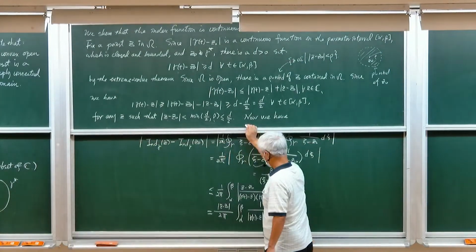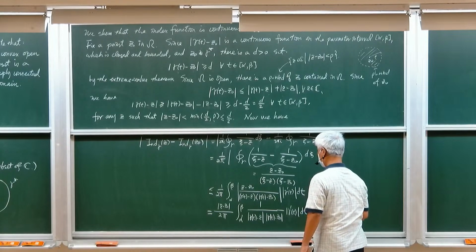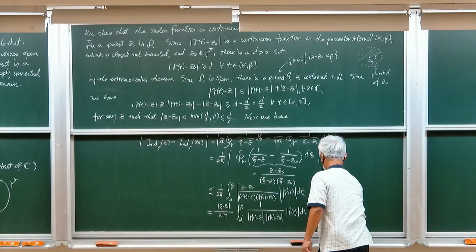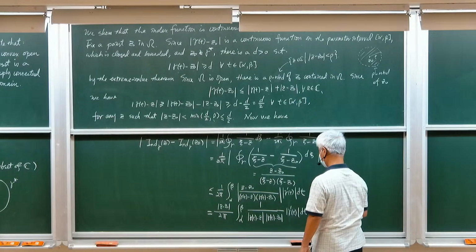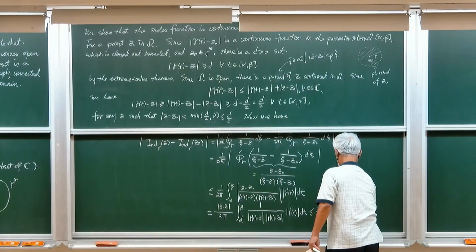So we have the upper bound |z - z0| over 2 pi, times 1 over d times d over 2.